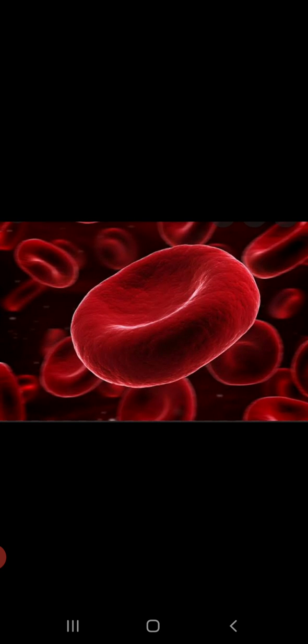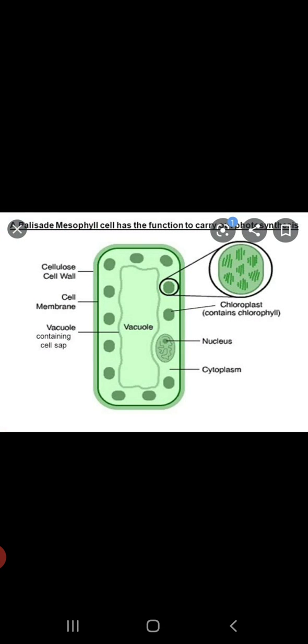We also have red blood cells. Here we can see the red blood cell, which is a biconcave disc shape that provides more surface area for absorbing oxygen. Then the last cell that we have is the mesophyll cell. Children, the mesophyll cell is part of the leaf.